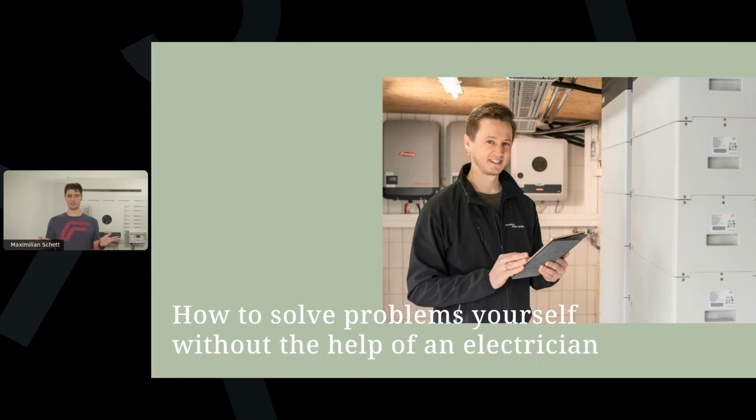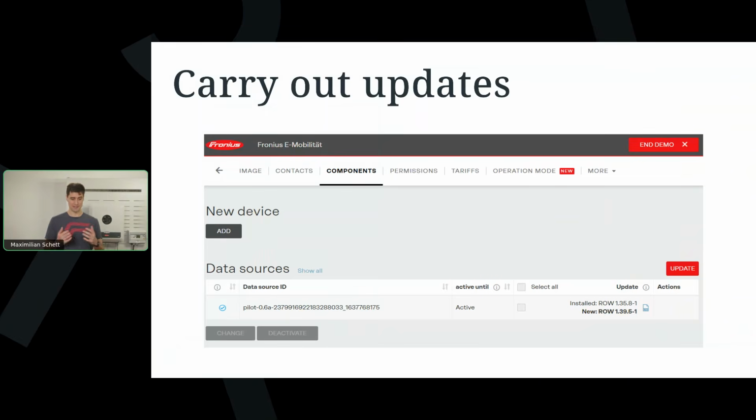How to solve problems yourself without the help of an electrician. First of all, as I said, carry out updates. You go to settings and components in SolarWeb, and then you find data sources here. There are the installed devices, and if an update is possible, then this red update button comes up.